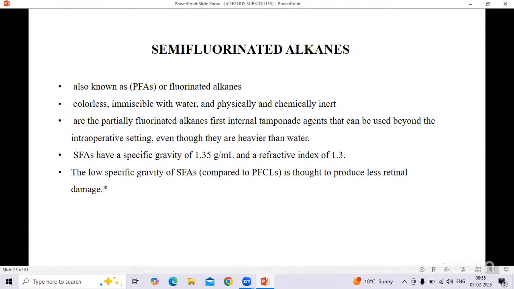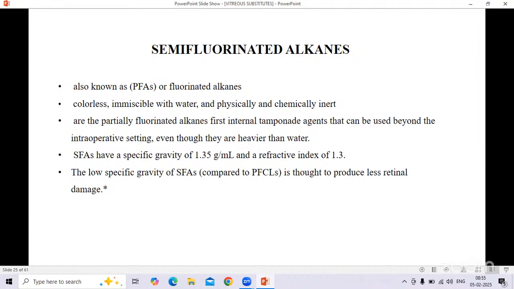Semi-fluorinated alkanes are also known as fluorinated alkanes. They are colorless, immiscible with water, physically and chemically inert, and partially fluorinated alkanes, which were the first internal tamponade agents that can be used beyond the intraoperative setting, even though they are heavier than water. They have a specific gravity of 1.35 gram per ml and a refractive index of 1.3.